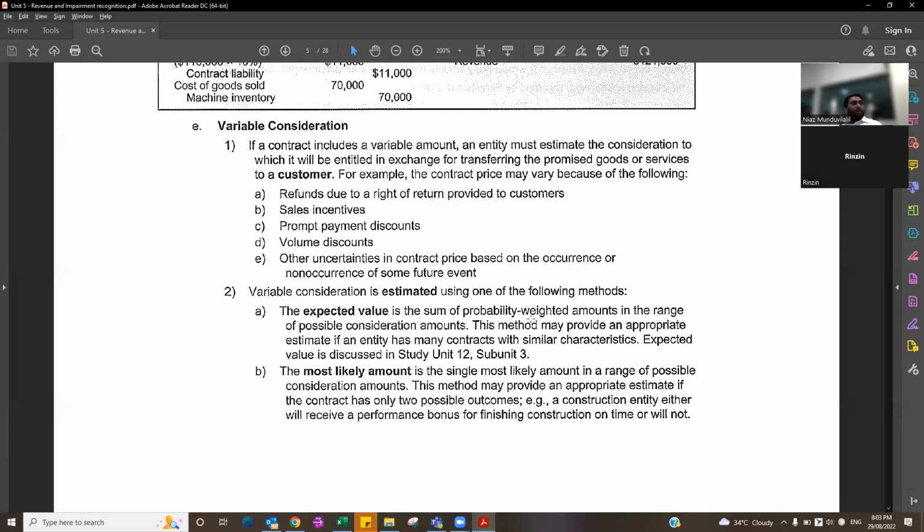We will discuss expected value in detail in another chapter; that's a very big portion. Then the most likely amount is the single most likely amount in a range of possible consideration amounts. This method may provide an appropriate estimate if the contract has only two possible outcomes. For example, a construction entity either will receive a performance bonus for finishing construction on time or will not. Clear?